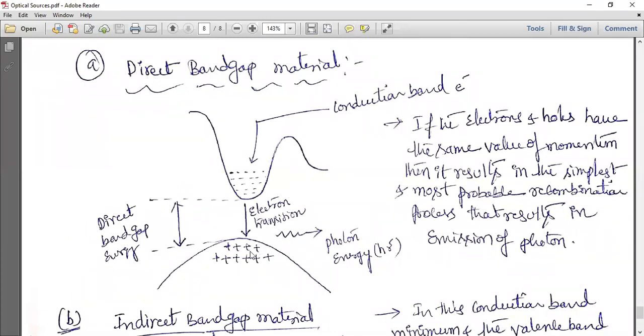In a direct band gap, the higher level of the valence band and the lower level of your conduction band are the same with respect to the momentum. Then it releases an energy. It is called a direct band gap. With respect to the momentum, they are the same.